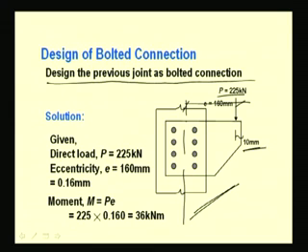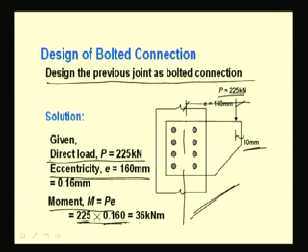So, the given things are that direct load is 225 kilonewton and eccentricity is 160 mm or 0.16 meter. Then moment can be calculated from the formula M is equal to P into E. That means 225 is the load P and E is 0.16 meter.